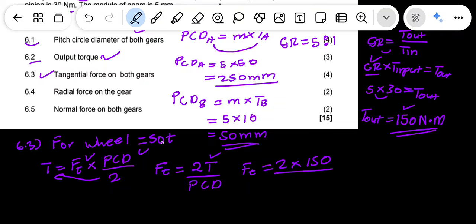What was the PCD of A? Tangential force of gear A. We can start with that because I've named my gears A and B, isn't it? So I know that we did have the PCD of gear A, which is 250.